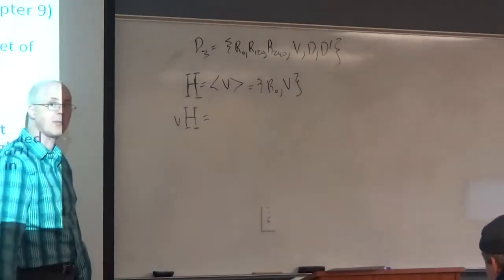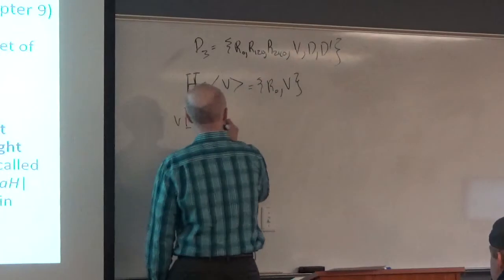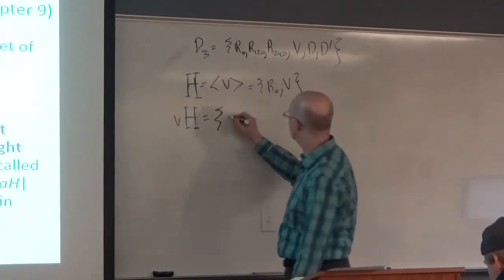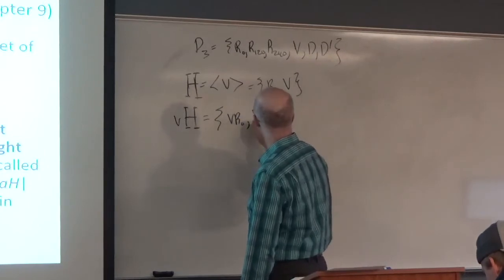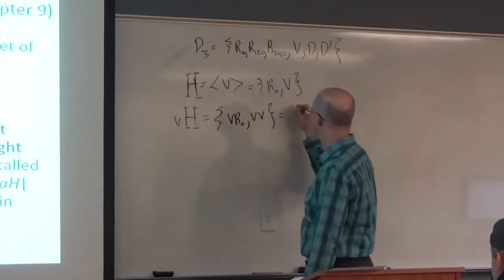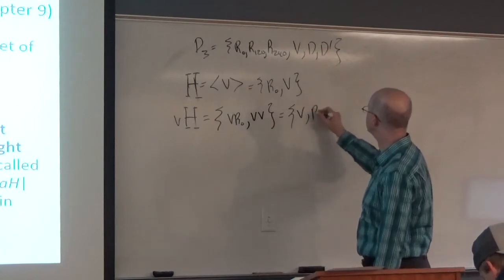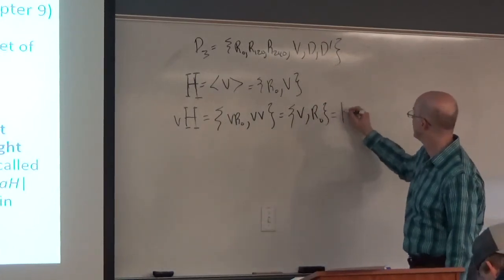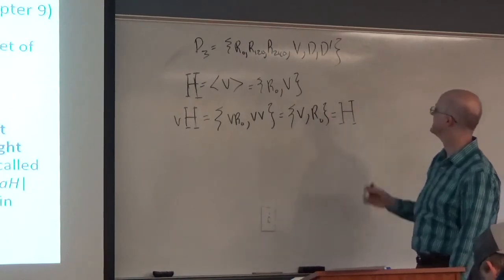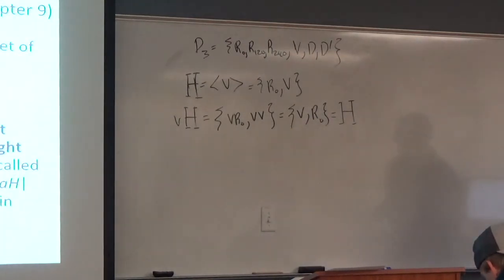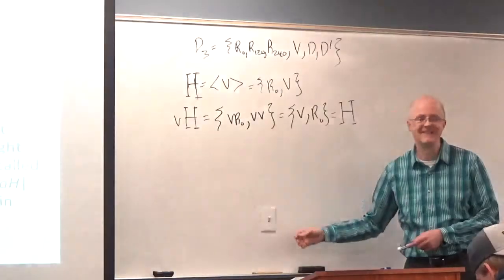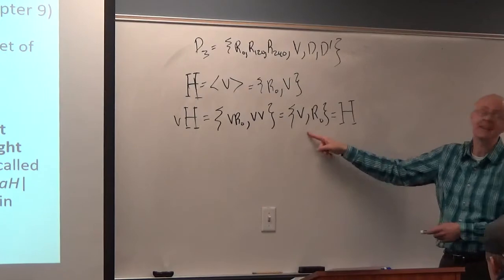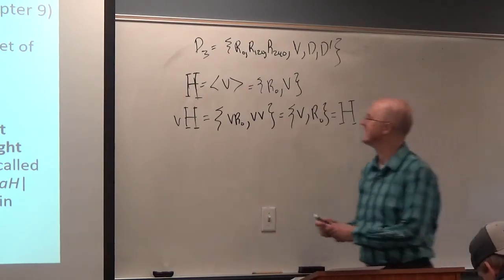That's going to be the set of all products, V on the left, with elements of H. Set of all products would be these two things, which is the same set as the original set, H. This equals H. The left coset containing V does contain V. Same with the right coset.